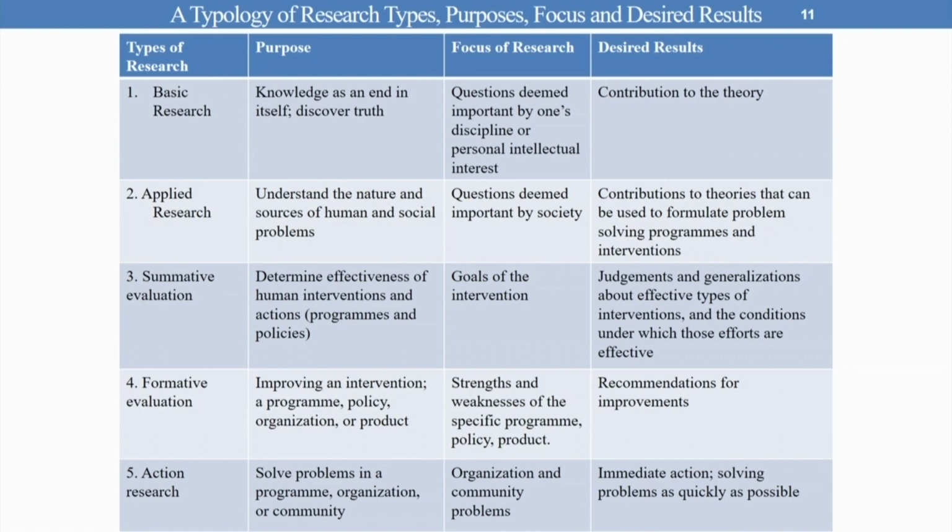So, what is the purpose of summative evaluation? Summative evaluation determines the effectiveness of human interventions and actions in the context of certain programs and policies, and the goal of these kinds of summative evaluation is to intervene, and the desired results are judgments and generalizations about effective types of interventions and the conditions under which those efforts are effective.